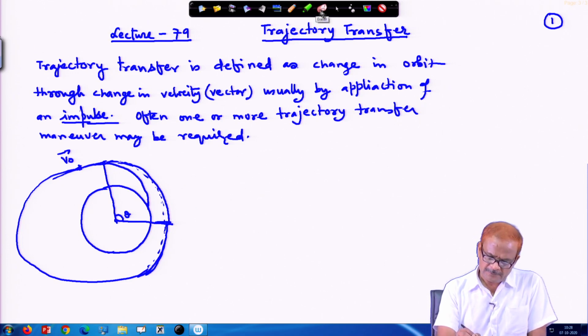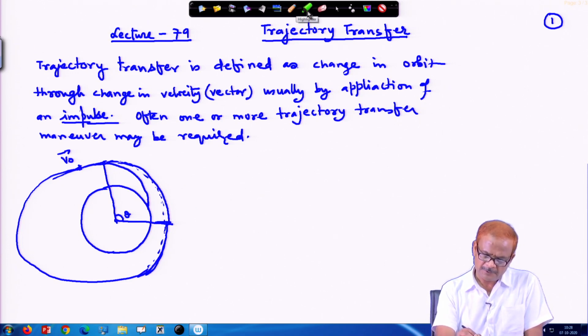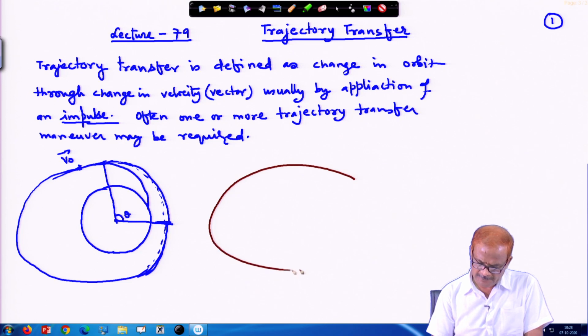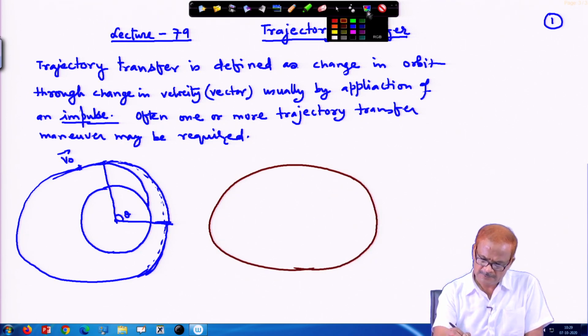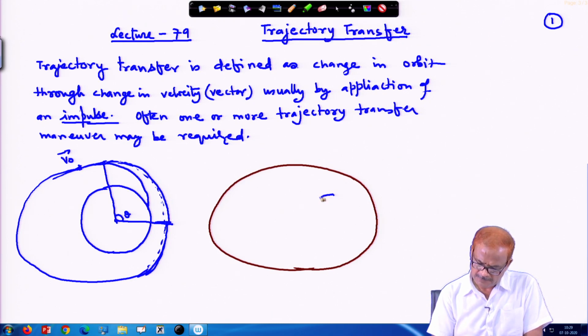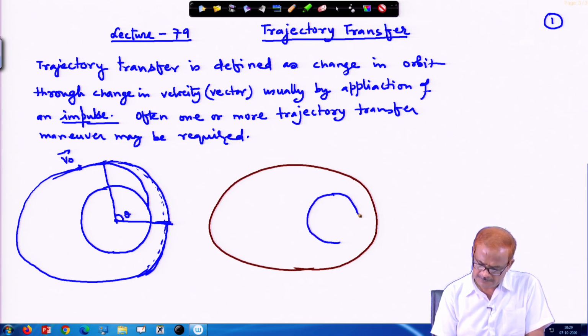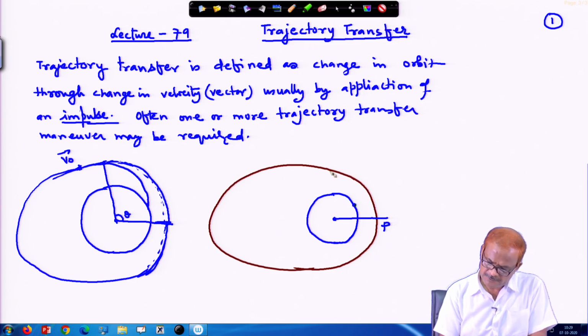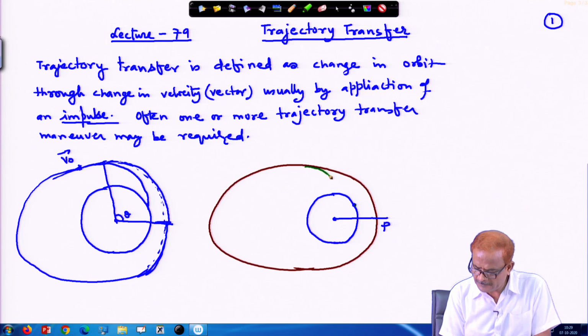It is not a good figure, but I can make another one. If I take this as an ellipse, at the focus of the ellipse I have the earth, and this is the perigee position. Somewhere from this station the satellite is being launched, so it is injected in the orbit here.